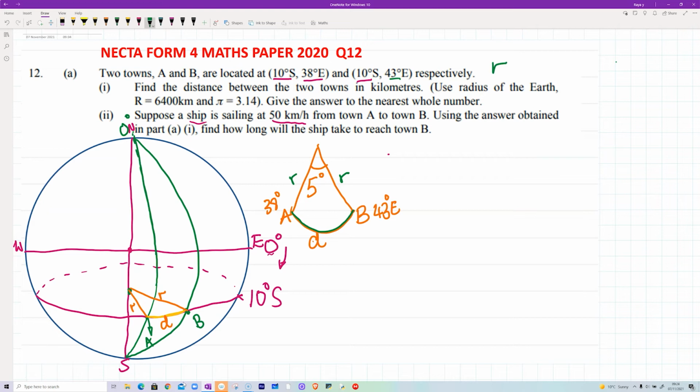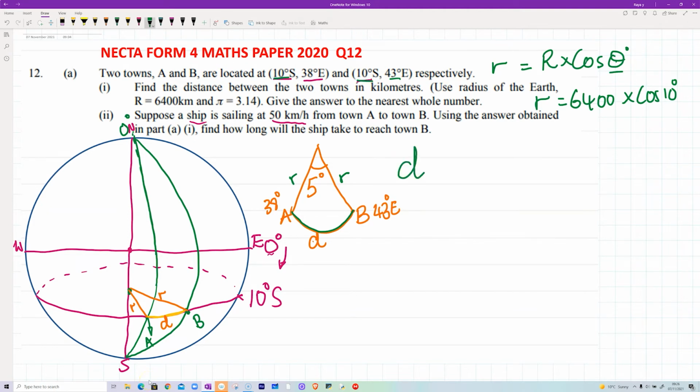R is equal to the radius of the Earth times cos theta, where theta is the position of the latitude. So in this case, R, the radius of the latitude, is going to be the radius of the Earth, which is 6,400 times cos 10 degrees, because that is the position of the latitude, which we're given here.